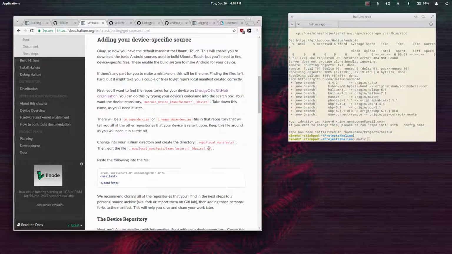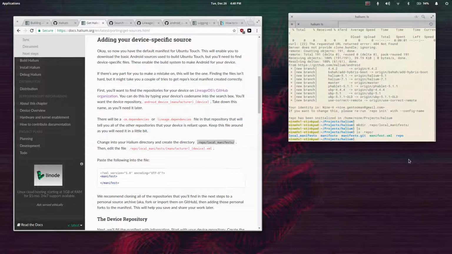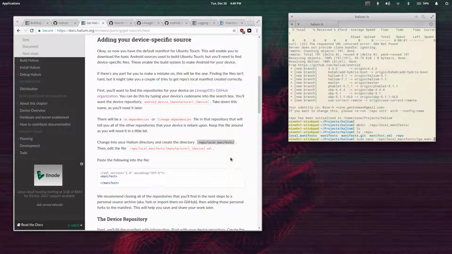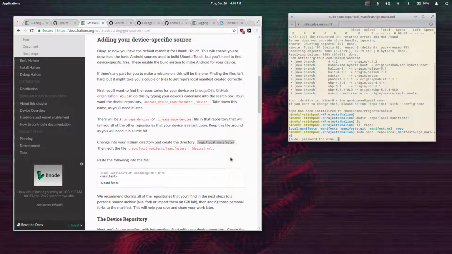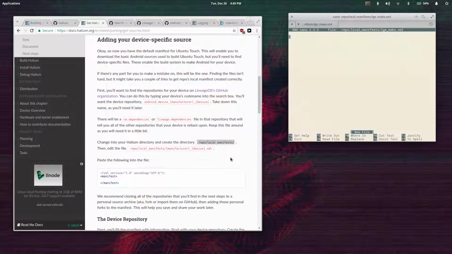Create the directory. Why am I doing that as root? That's stupid. It's a good way to fuck up ownership.